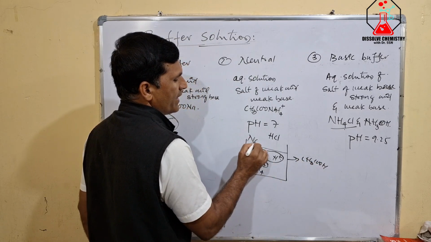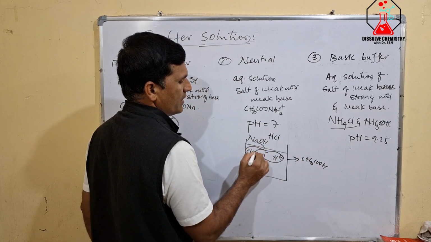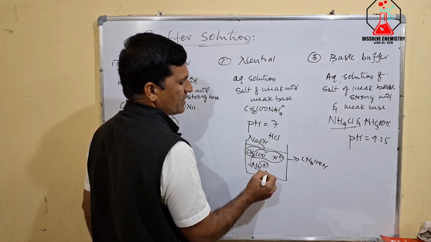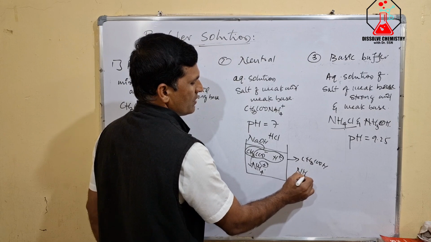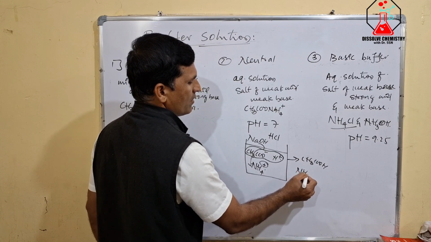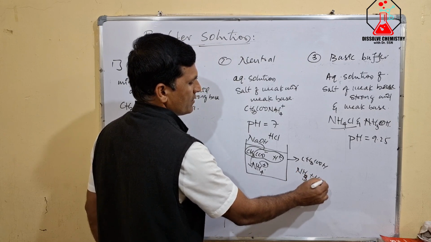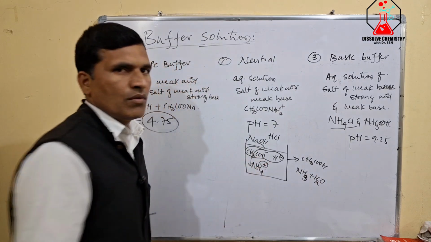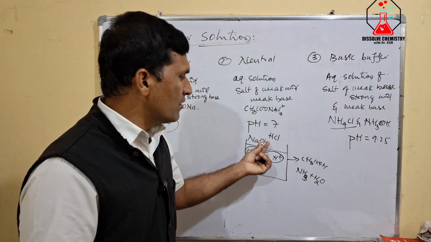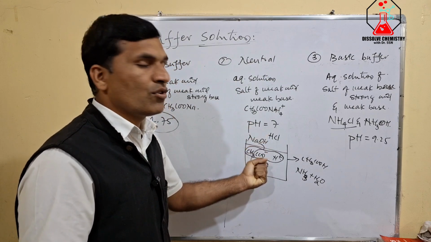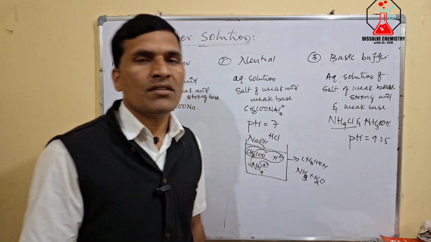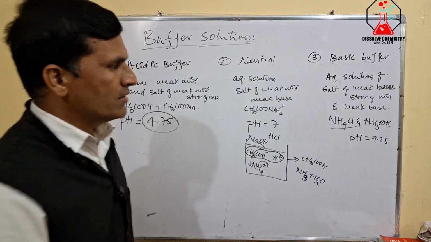And if you add NaOH base, the OH minus ion will combine with the ammonium cation to form ammonium hydroxide or ammonia plus water. So it will tolerate the increase in the hydrogen ion concentration as well as the OH minus ion concentration.